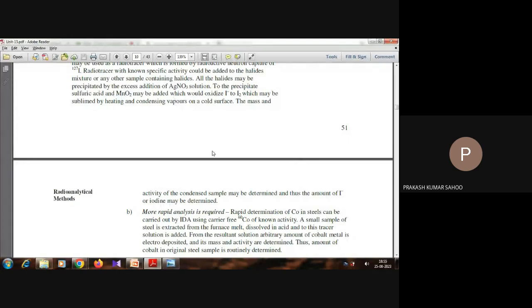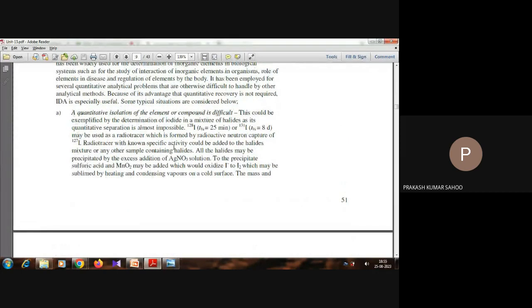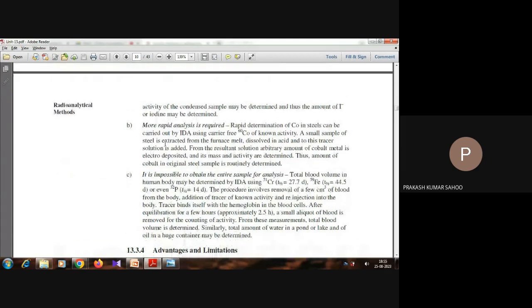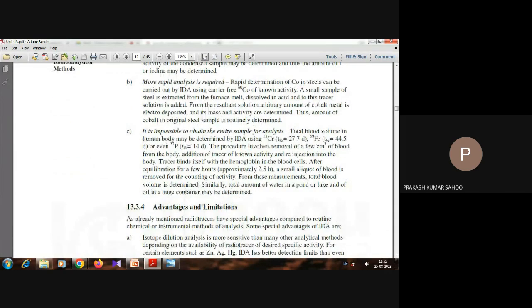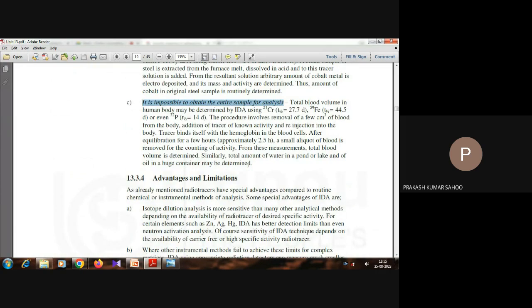Due to paucity of time, I am skipping these things and just highlighting the main applications. Here, quantitative isolation and more rapid analysis are required. These are the limitations. Then it is impossible to obtain the entire sample for analysis. So these are the three major drawbacks of this method.